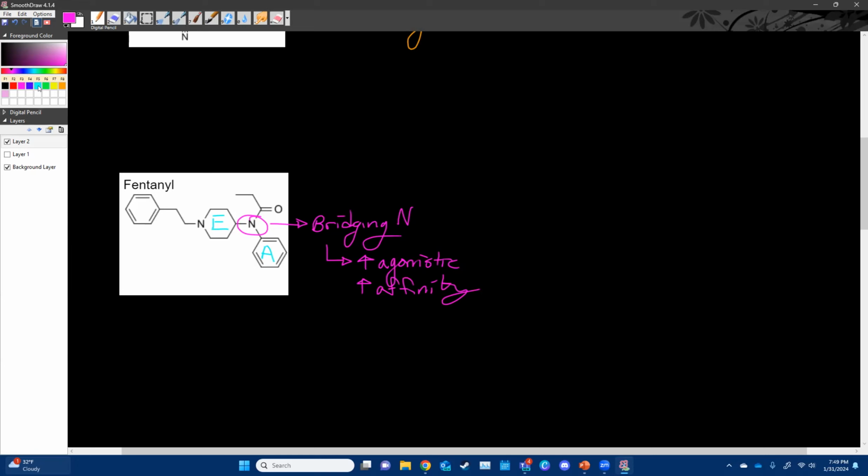In order to get it into the brain, what we do is we use a very, very large, very lipophilic chain. So a large nonpolar group greatly increases blood-brain barrier penetration.